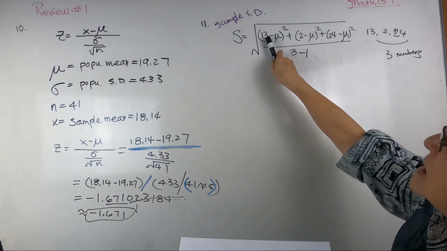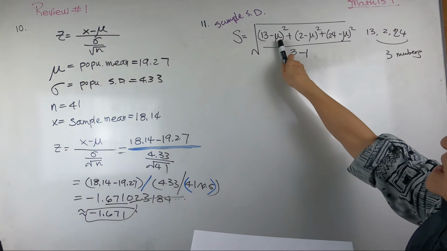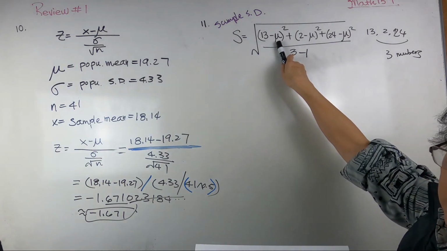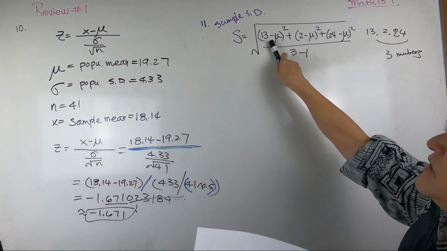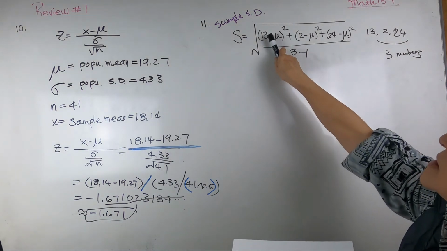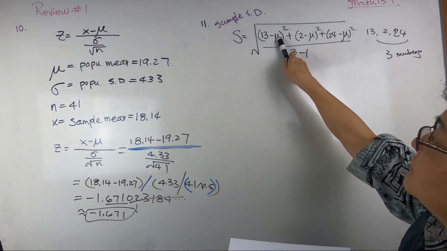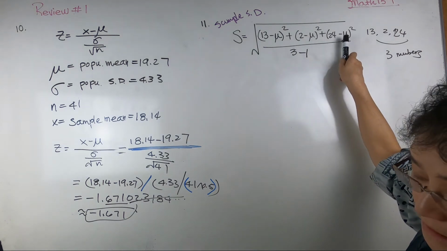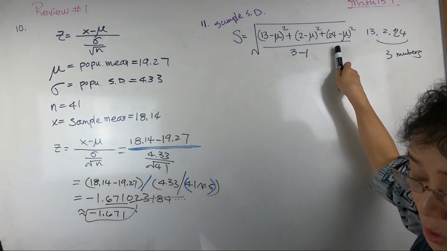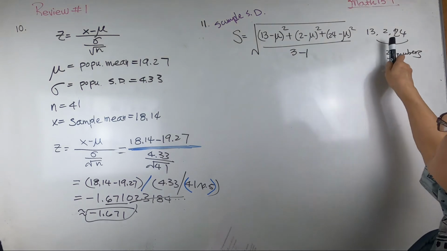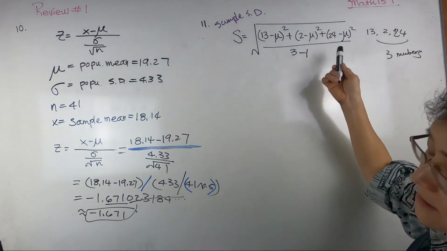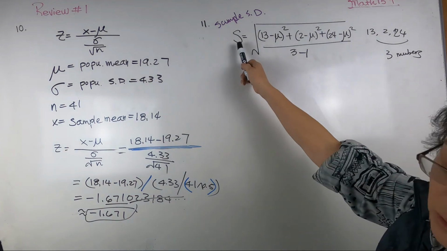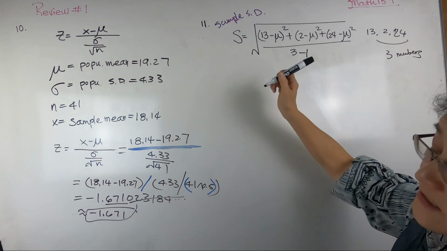Deviation means how far a number deviates from the mean, from the center, how far it deviated from the average. So you minus the average, take a square, then add them together, divide by 1 less than the sample size. Your sample size is 3, so 3 minus 1. That's the formula. So the sample standard deviation is this, then find the value.